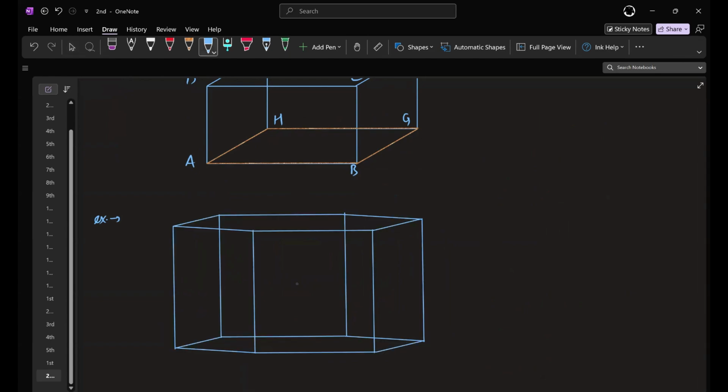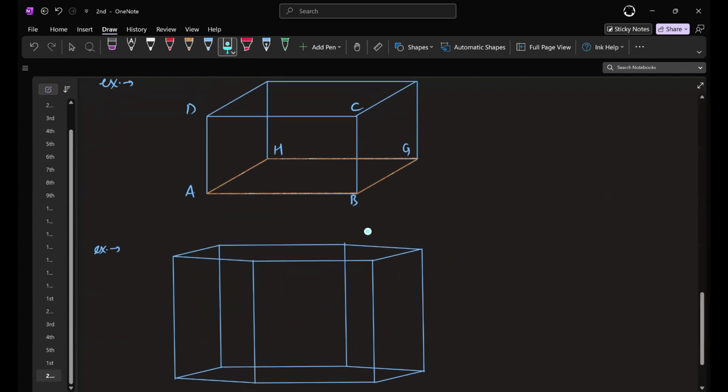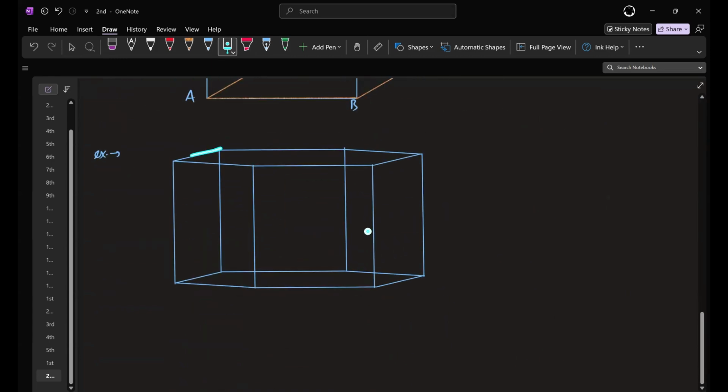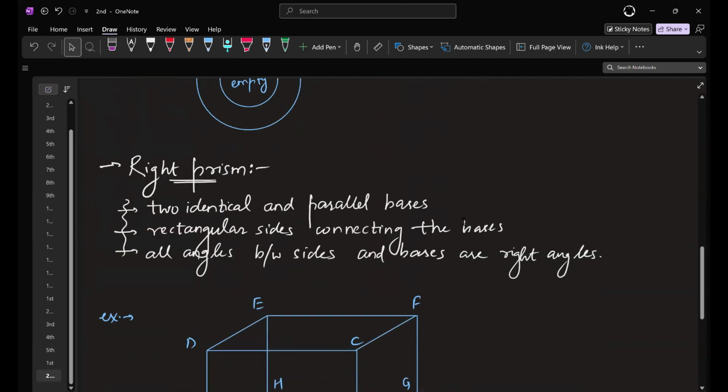Okay, so again, let's see for the three conditions if they are being satisfied or not by this one. So there should be first of all two identical and parallel bases. So this is a hexagon over here, okay? And again the same hexagon here as well, okay? So definitely they are parallel as well as identical, congruent to each other. These two hexagons are identical and parallel, which are the bases for this figure.